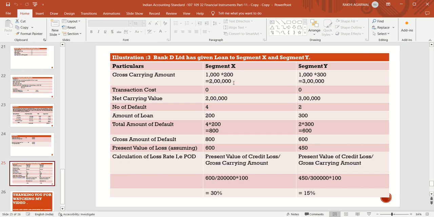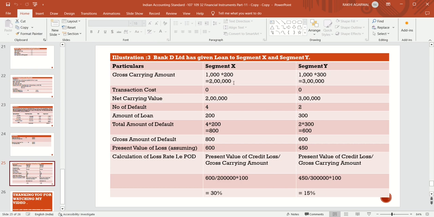The gross amount of default is 800 in segment X and 600 in segment Y. The present value of loss is already given in the question, that is 600 in segment X and 450 in segment Y.